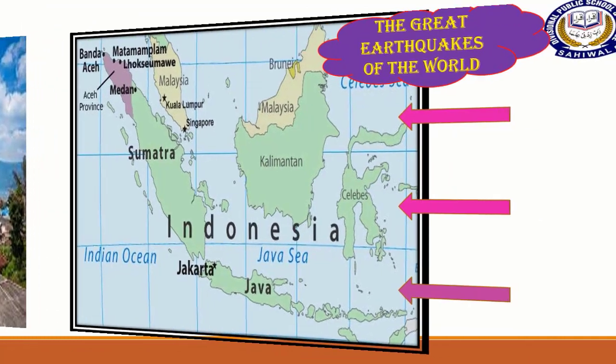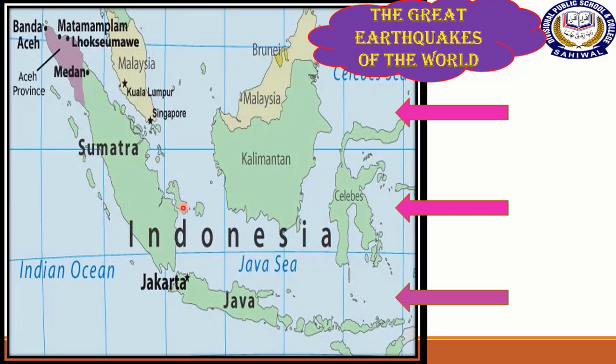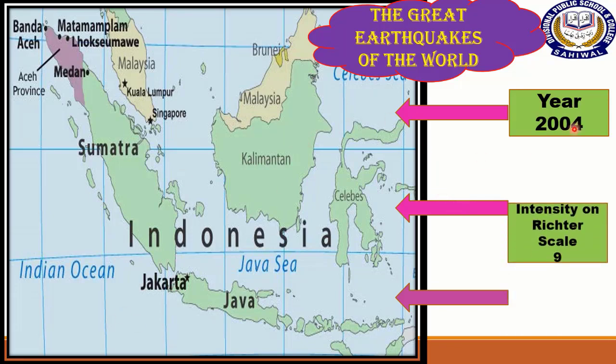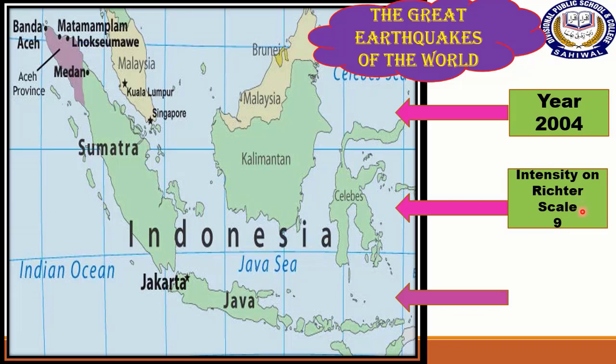Now we're going to study about earthquake. It is also included in the great earthquakes of the world. In 2004, we have already studied the start of this topic about the tsunami that also occurred over here in 2004. Intensity on Richter scale 9.